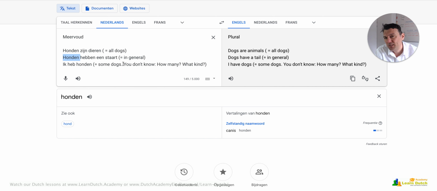This is a kind of generalization. Generally speaking, they do have a tail. Ik heb honden. What does it mean? I have dogs. Just some dogs. But you don't know how many, what kind, how big they are. You don't have any information. I'm just saying I have some dogs.